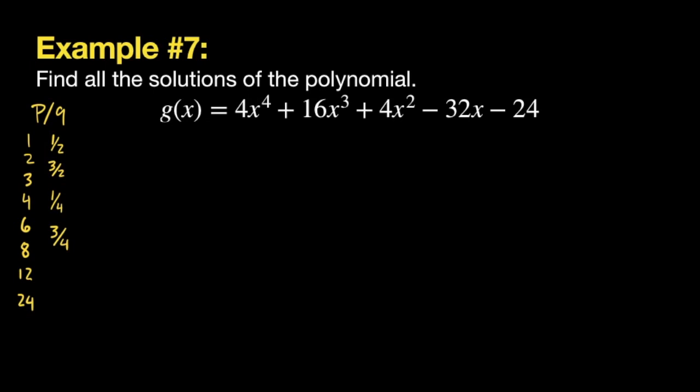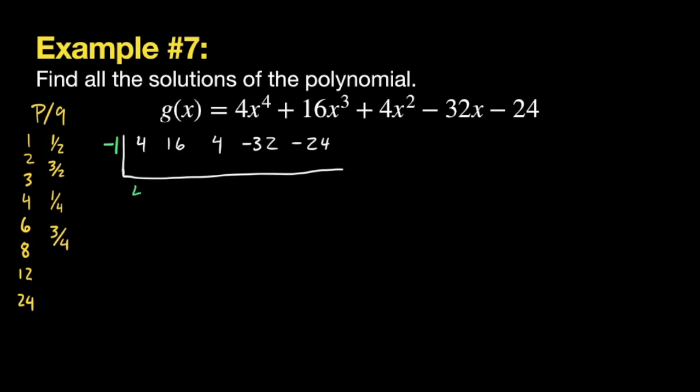We are going to use synthetic division now, so we have 4, 16, 4, negative 32, and negative 24. And this is going to be trial and error. You're going to try to look for numbers that are going to cancel. The first number that we're going to try is negative 1.